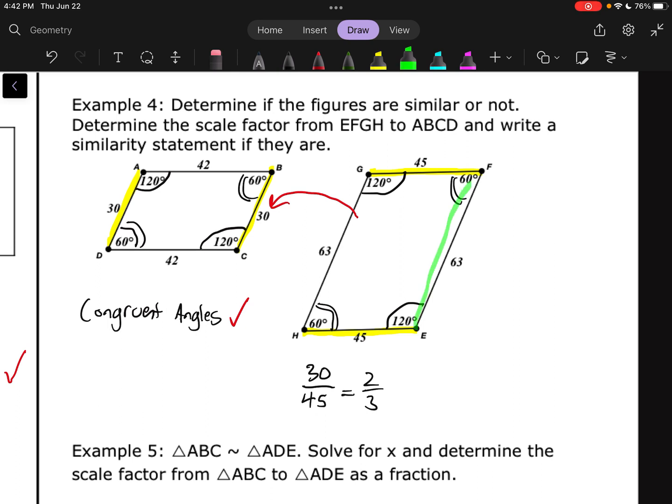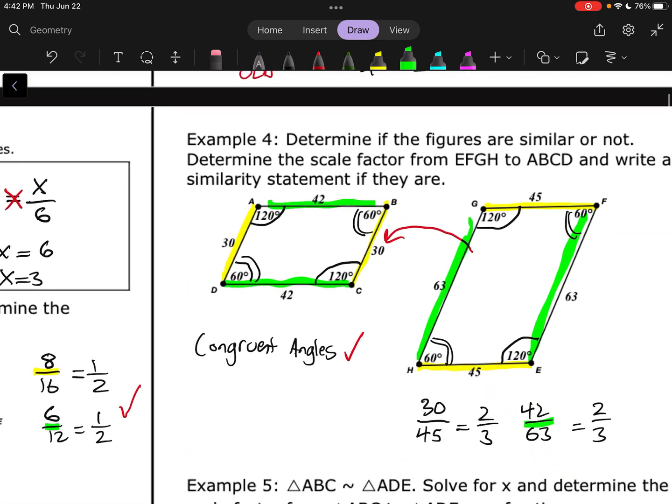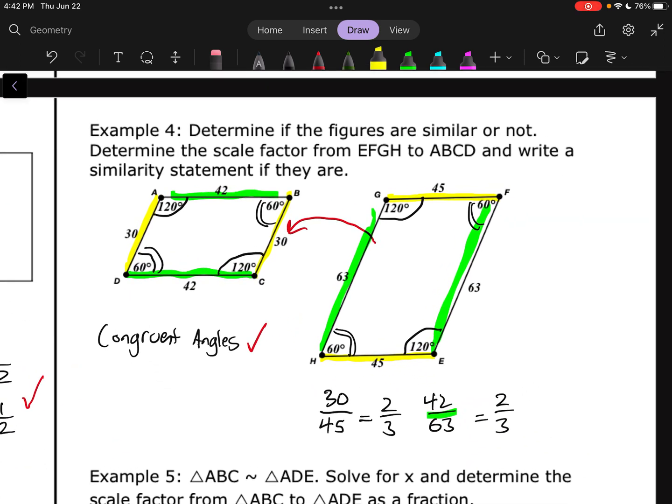And then for my longer sides, we'll pair those up as well. So 63 over 42. That is also, oh no, I'm sorry. I need to do new over old. I switched that. So this should be 42 over 63, which both divisible by 21 is also 2/3. So that seems to work out.